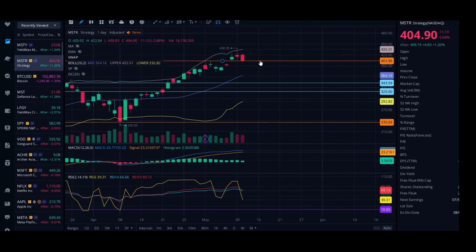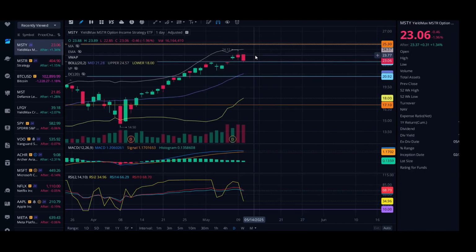There's my support line at roughly that 103.90. Now that's not exact, but that is just kind of drawn in here from where it bounced right here and bounced down and then broke through, and now it looks like it's trying to use this as a support line. So if we keep above this, hopefully we can move MSTR on up and therefore MSTY to follow suit.